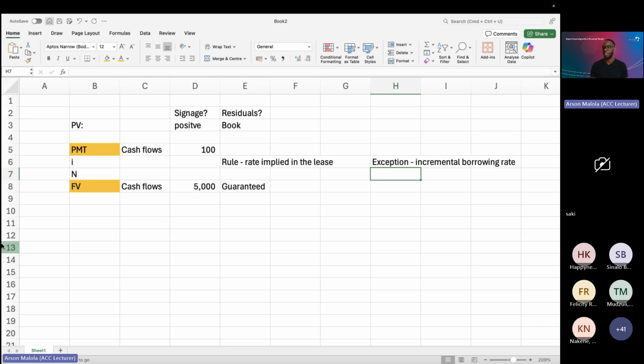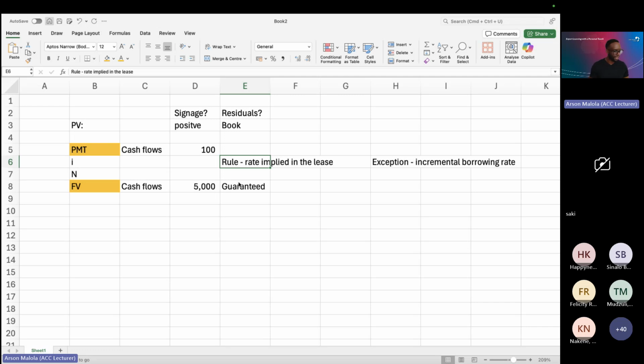Candidates will always flock to the incremental borrowing rate to do their PV calculation. What's the challenge? The problem there is you've shot yourself in the foot significantly. Why? Because determining the rate implied in the lease usually is the driver of a considerable amount of marks. Easily 3 marks, could even be 4. So you lost out on all of those marks. Either one, you're just lazy, or 2, you didn't realize that you need to calculate this interest rate.